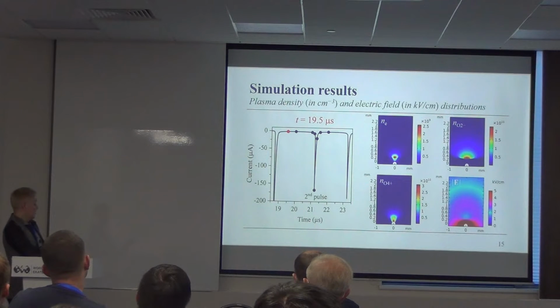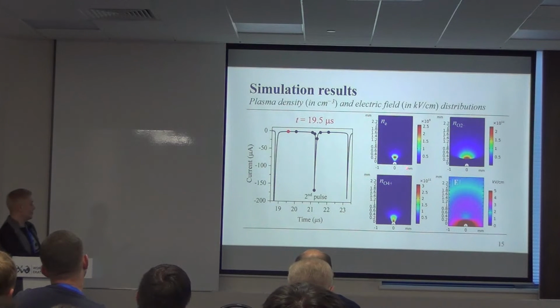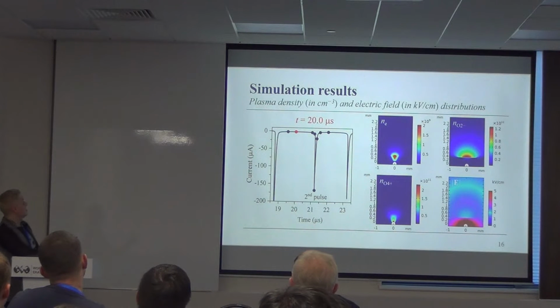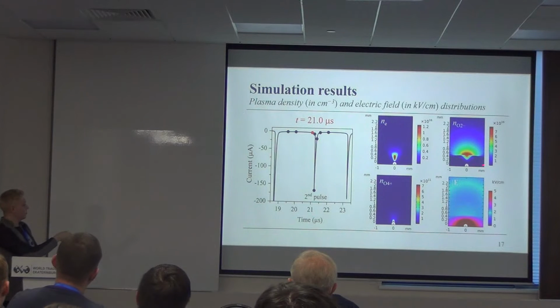And then, when electrons are produced due to the ionization process, the positive space charge is compensated. Then you can see the electrons attach to the molecules.